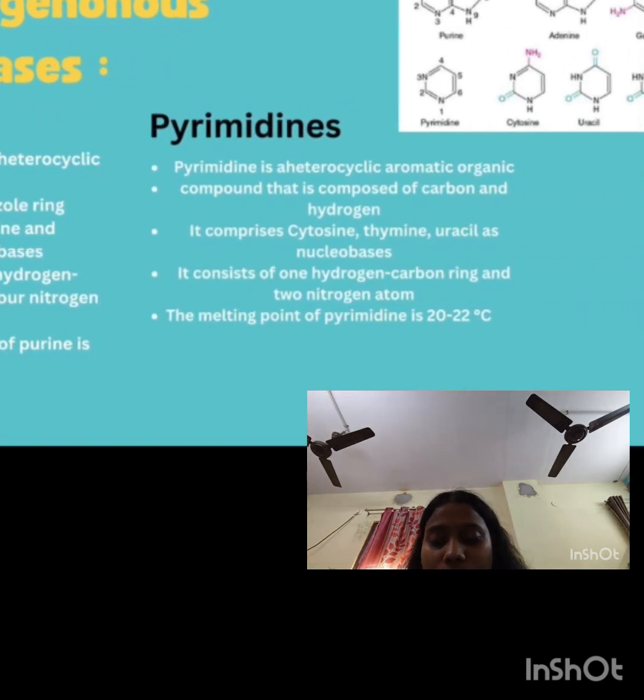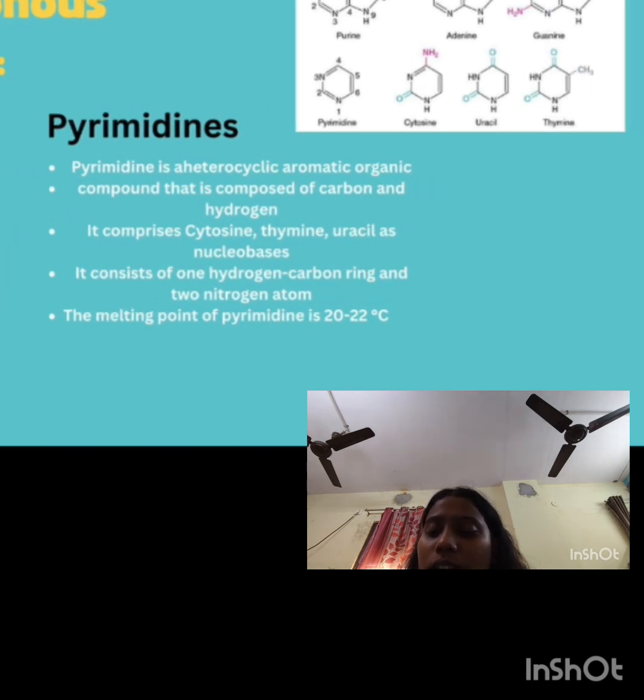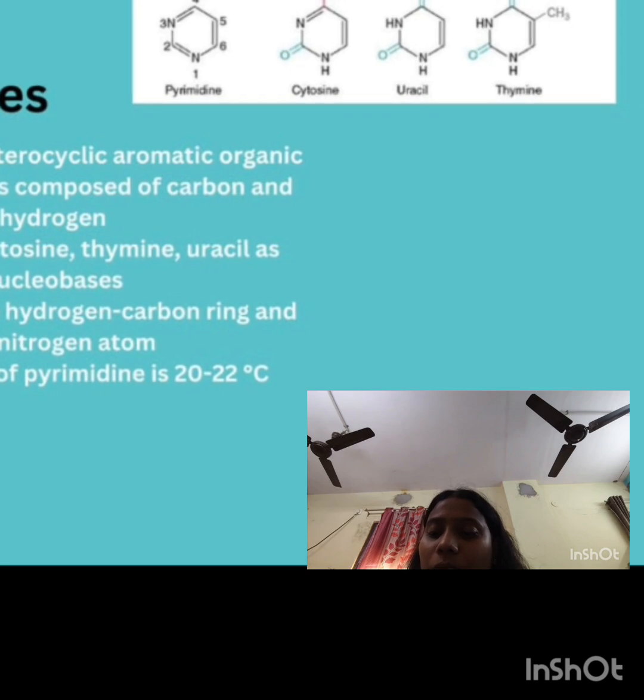It comprises cytosine, thymine, and uracil in nucleic acids. It consists of one ring and two nitrogen atoms. The melting point of pyrimidine is 22 degrees Celsius. We have structures of purines and pyrimidines, adenine and cytosine and thymine, as seen in the chart.